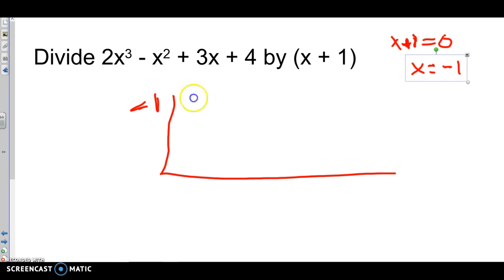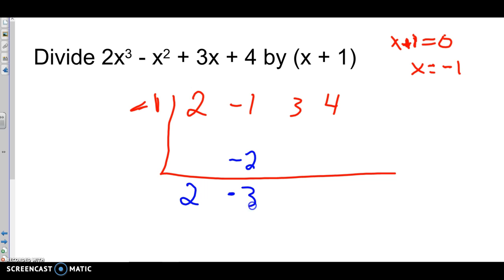My coefficients, 2x cubed minus 1x squared plus 3x plus 4. First number down, multiply, add, multiply, add, multiply, and I get my remainder.